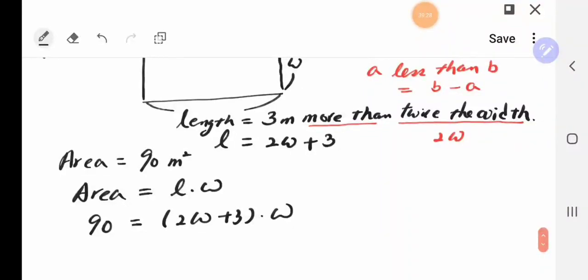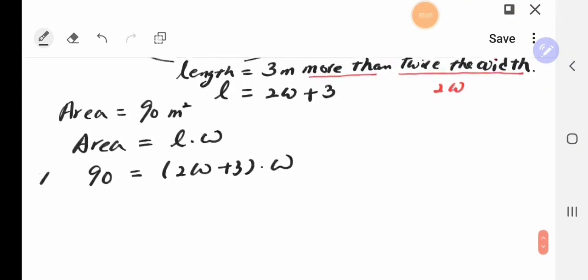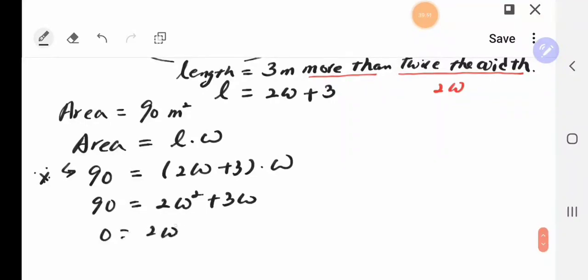Instead of using L, we better use the expression in terms of W, so the equation has only one variable. Let's simplify and then factor. Distribute: 2W squared plus 3W, and move 90 to the other side: 2W squared plus 3W minus 90.